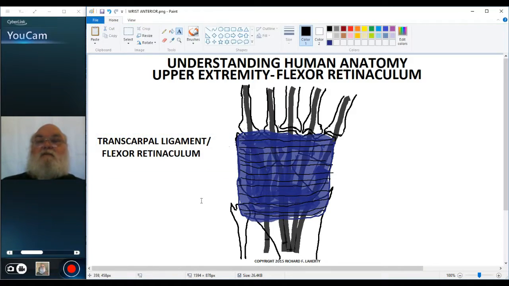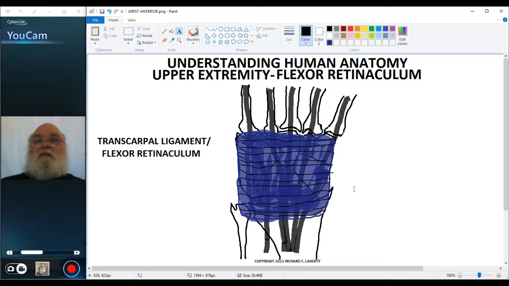And this retinaculum holds all these flexor tendons onto the wrist, onto the carpal bones, so that you don't have bowstringing of the long flexor muscles going into the hand.